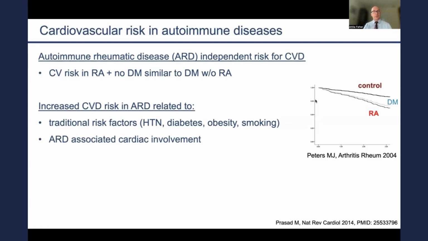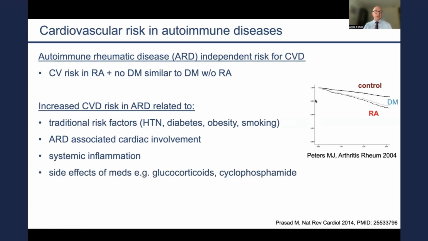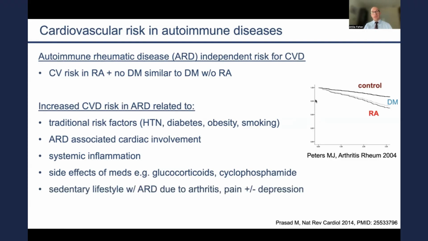It can be their association with cardiac involvement, and systemic inflammation is a main driver of atherosclerotic disease. And sometimes it could be related to side effects of medications such as steroids, which are really devastating. And many times it's underappreciated how sedentary lifestyle with autoimmune disease due to arthritis and pain and depression can contribute to this finding.